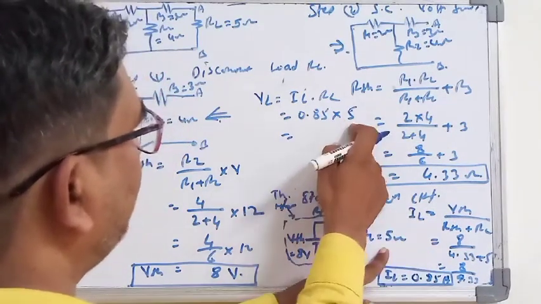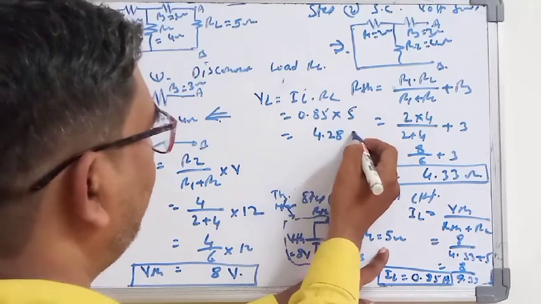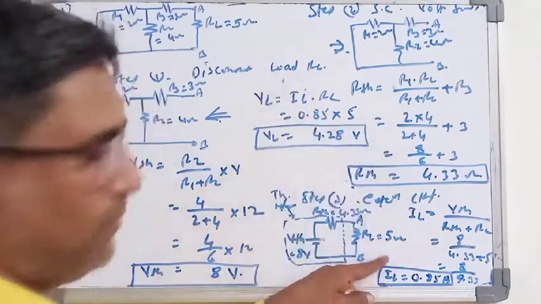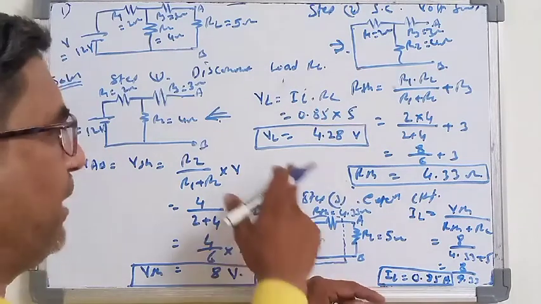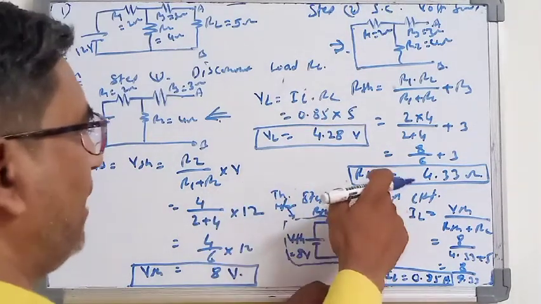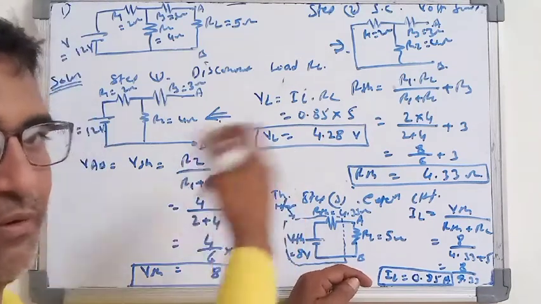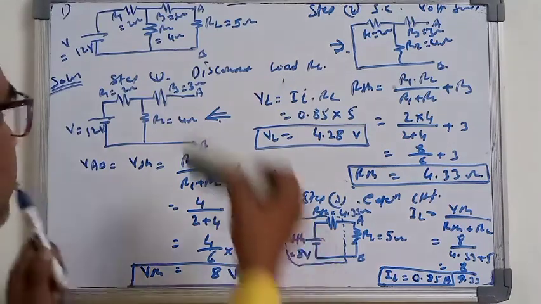So if you multiply this and this, you will be obtaining 4.28 volt. It is the VL. Okay, stepwise you have to solve, and you will be getting the answers VTH, RTH, IL, and VL. This is the first problem we have solved. We will proceed to the second problem.